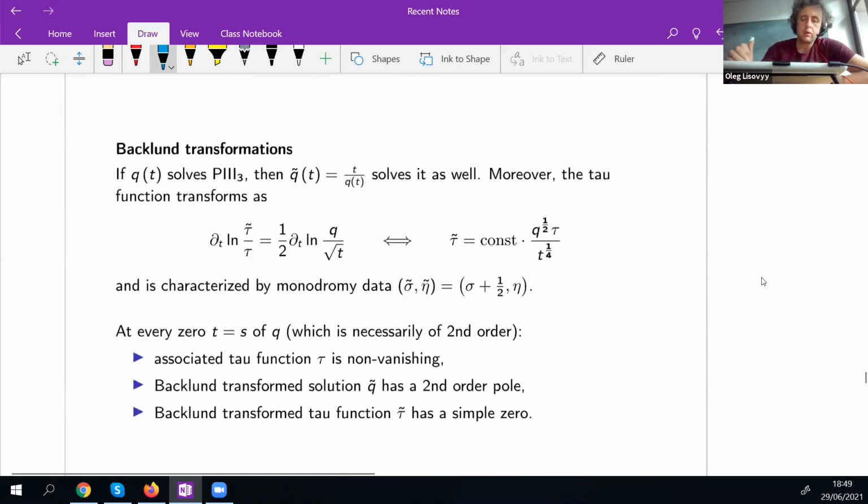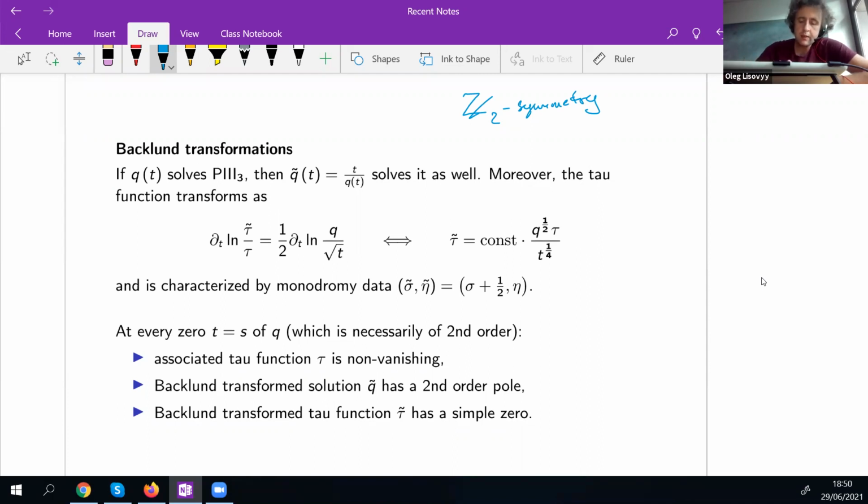Moreover, it is not necessary to treat the cases of zeros and poles of Q separately, because Painlevé 3 has a certain Z2 symmetry. Basically, if a function Q solves Painlevé 3, then T over Q solves it as well, and the corresponding tau function transforms in this way.